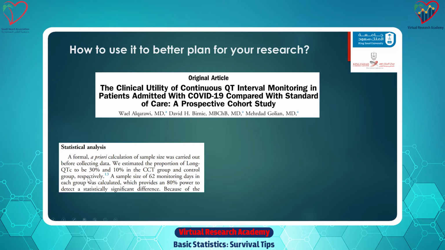And we thought 30% and 10% was a reasonable number. And when you do the calculation, look at the number we got, 62 monitoring days. These are not patients, these are days. If you assume an average stay of 5 days, this is only 12 patients.